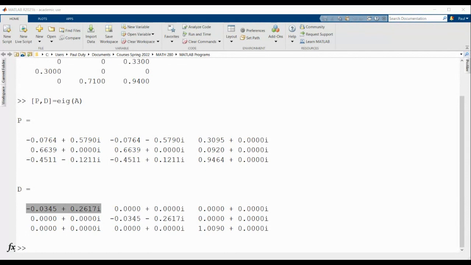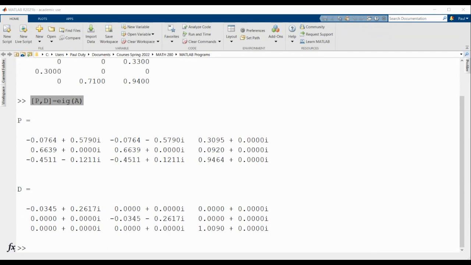But yes, we have two complex conjugate eigenvalues, and this eigenvalue here is your real eigenvalue. So don't use the sym command on the P, D equals eig of A. The sym command is great if you're going to get nice clean eigenvalues and eigenvectors, but you're not going to get that with this one. So just use the eig of A.